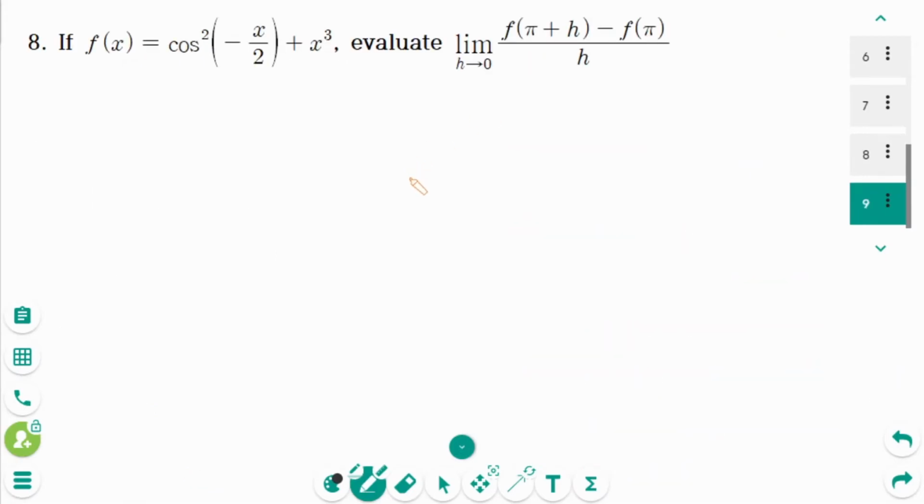Number 8, as you know, limit as h approaches 0 of f of a plus h minus f of a over h equals f prime of a. So this limit means f prime of pi.